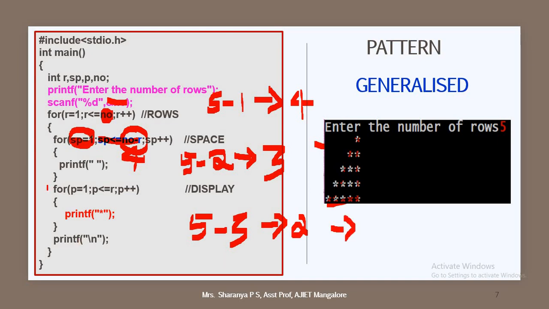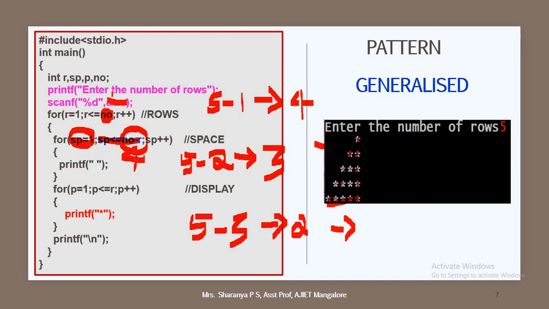Then comes the next statement. The next loop is used to print the pattern onto the output screen. Here the pattern that we are printing is a star pattern. So this is how we can write the code to generalize for any given number of rows.